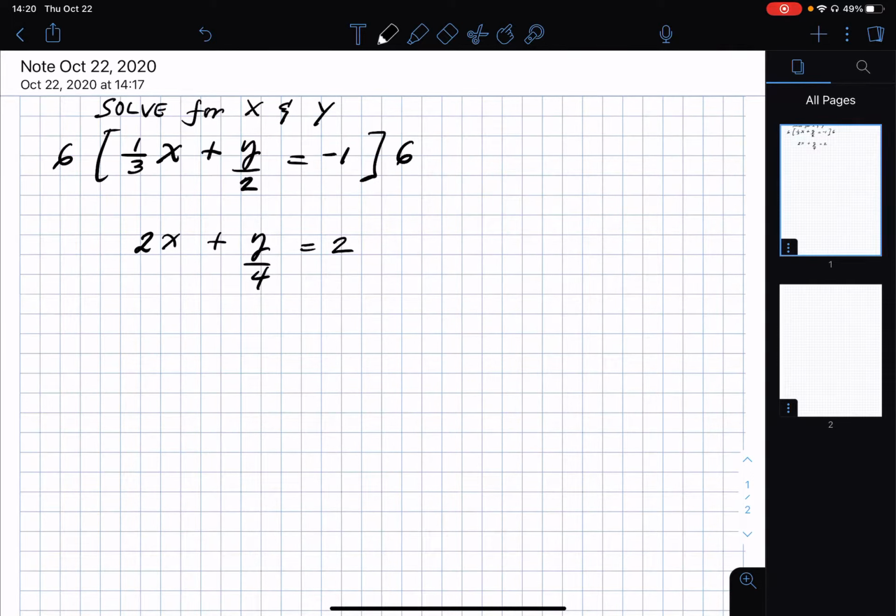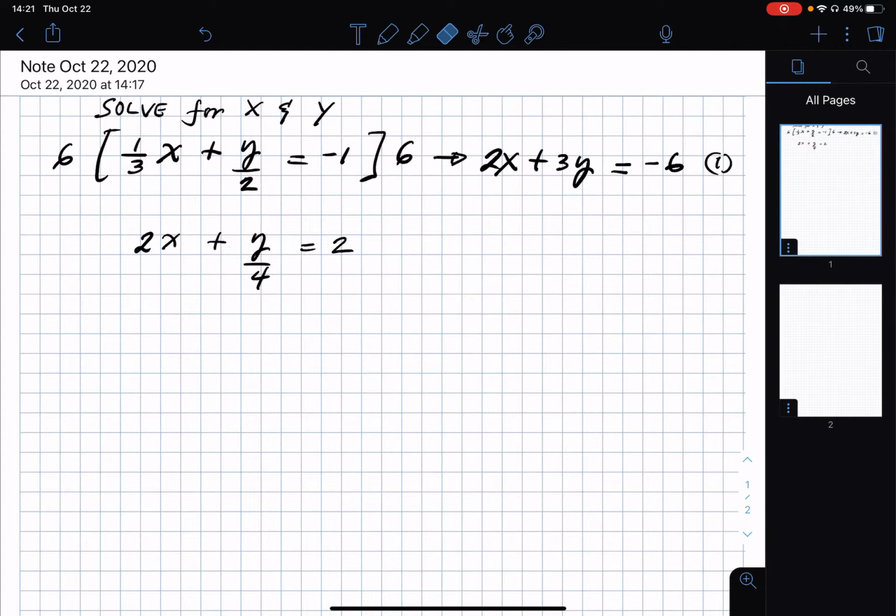So this equation will now be transformed into 2x plus 3y equals negative 6. If you multiply both sides of the equation by a common number, you don't change the value, and I will call this equation 1.